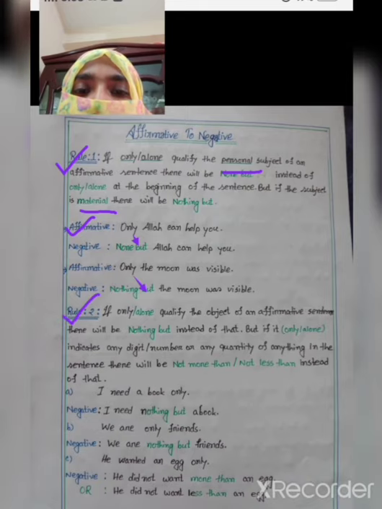If only or alone qualify the object of an affirmative sentence, there will be nothing but instead of only or alone. But if this word indicates any digit, number or quantity of anything, there will be not more than or not less than instead of only or alone.